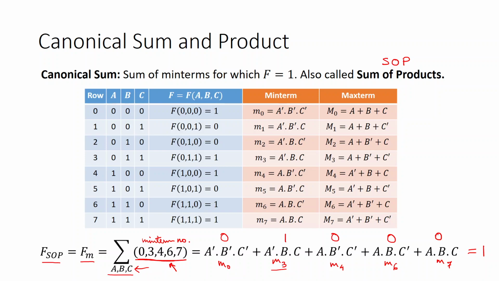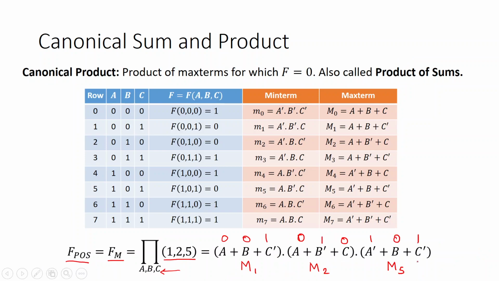None of these terms will become 1 when we have the sequence 101. So the output will remain 0, and that is what you wanted, the output to be 0. So exactly what you want out of the truth table, you are getting from this.